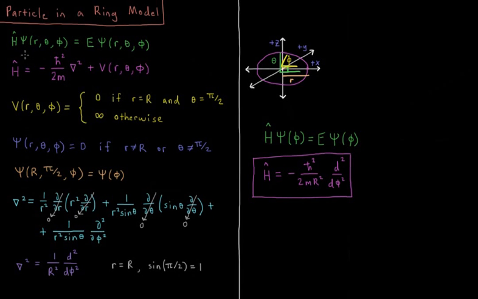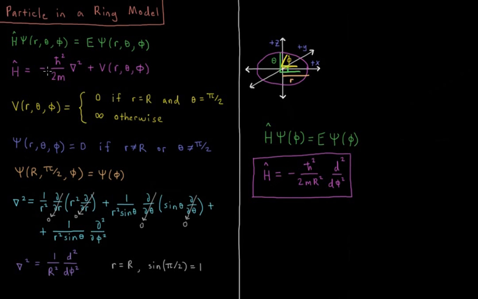Okay, so to solve any Schrodinger equation, we need to specify what our Hamiltonian is. Our Hamiltonian operator here is going to be the kinetic energy operator plus the potential energy operator, as always. The potential energy operator is just to multiply by the potential energy that our particle experiences as a function of our coordinates, V of r, theta, and phi.